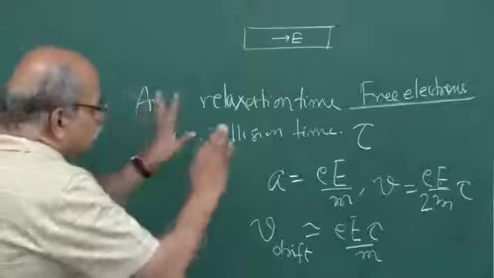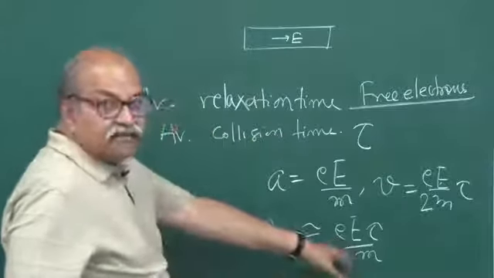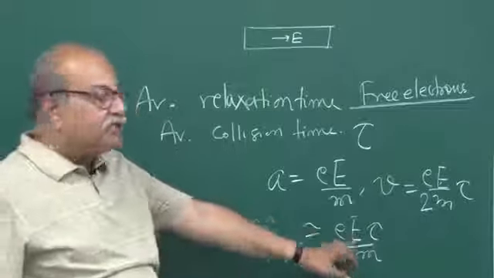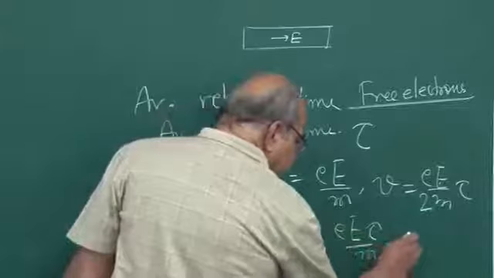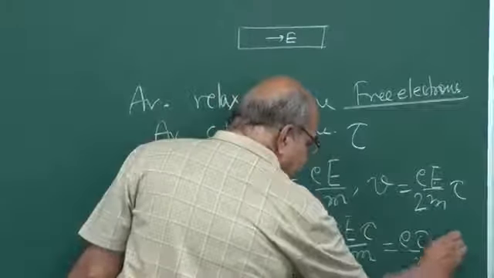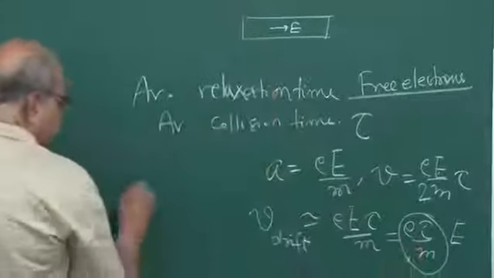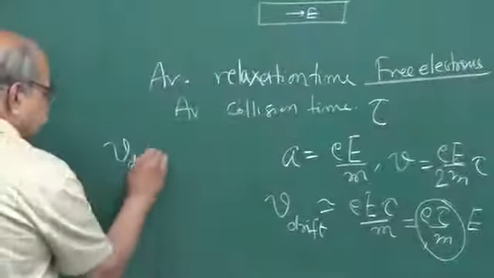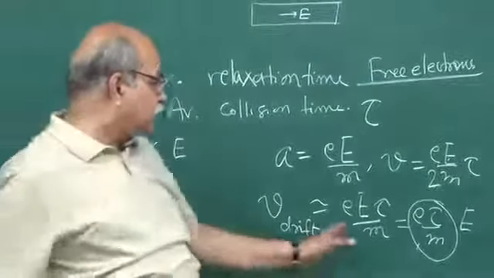And if the electrons are drifting with on the average this kind of velocity, you also write it as E tau by m times capital E, so Vd is proportional to E.